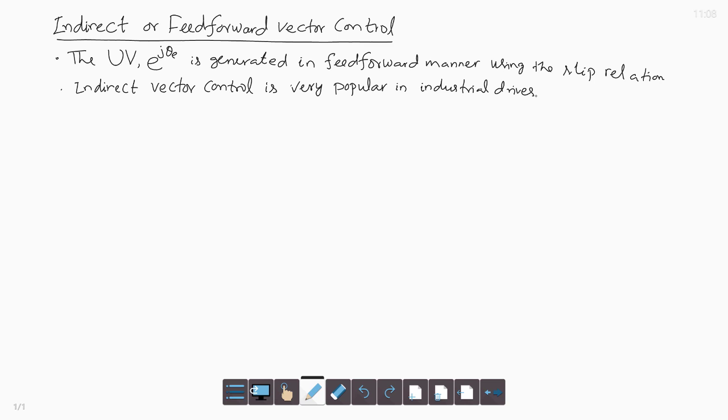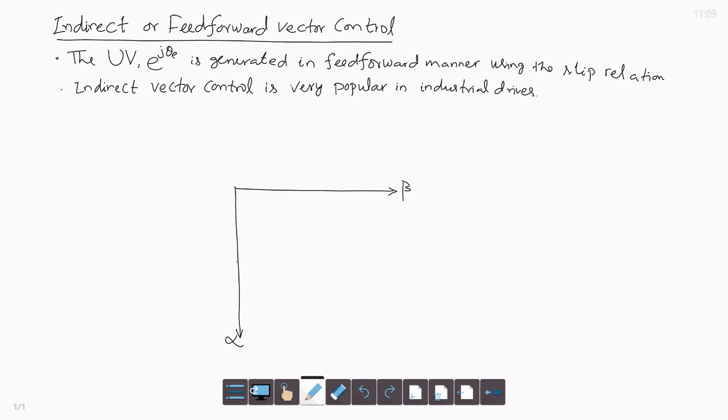So, the principle can be understood from the phase orientation diagram. Here we have the beta axis, and the alpha axis is 90 degree behind, the alpha beta stationary reference frame.